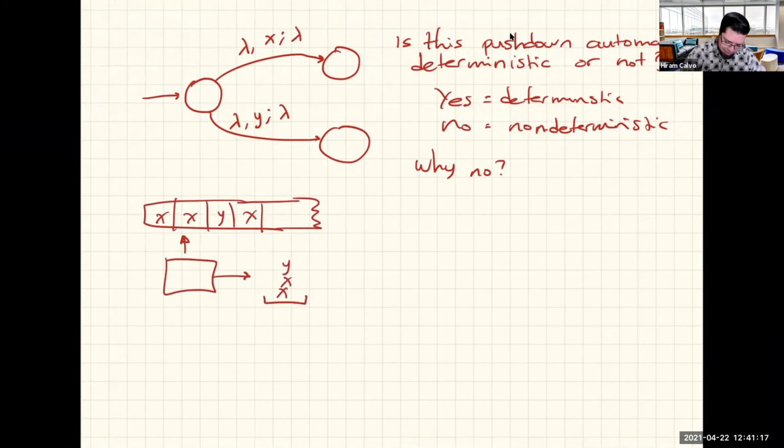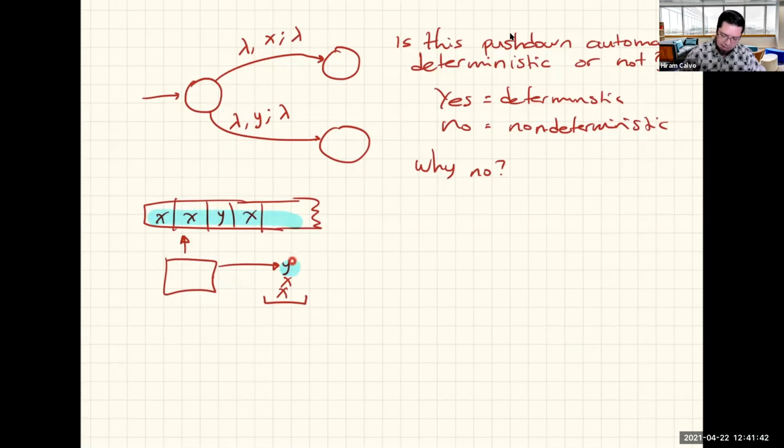So at the top of the stack, you have something like this. You are reading this y. And then you are standing on this state and you need to take a decision. Should we go this way, x, or should we go this way? And it results that it doesn't matter what we are reading here. We do not care. But we do care about what is on the top of the stack.